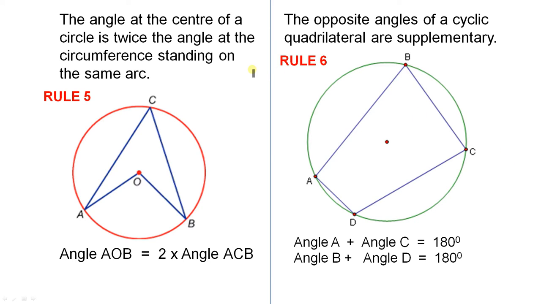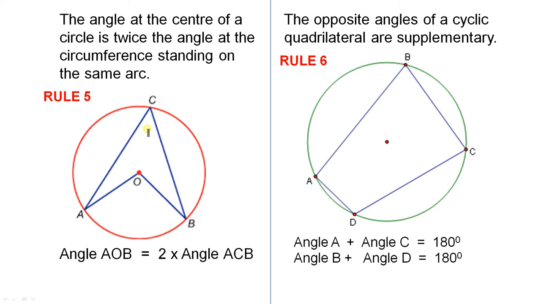Rule 5. The angle at the center of a circle is twice the angle at the circumference standing on the same arc. In other words, angle AOB, that's this one here, is twice angle ACB. So, for example, whatever size this is, it doesn't matter what angle that is there, this is half the size.